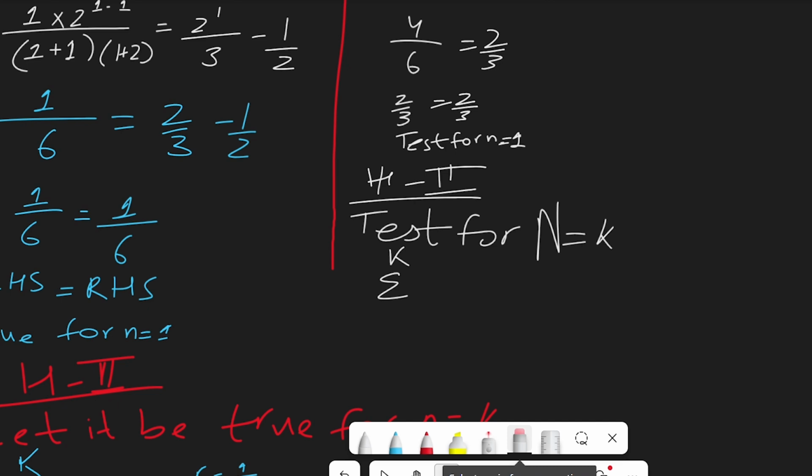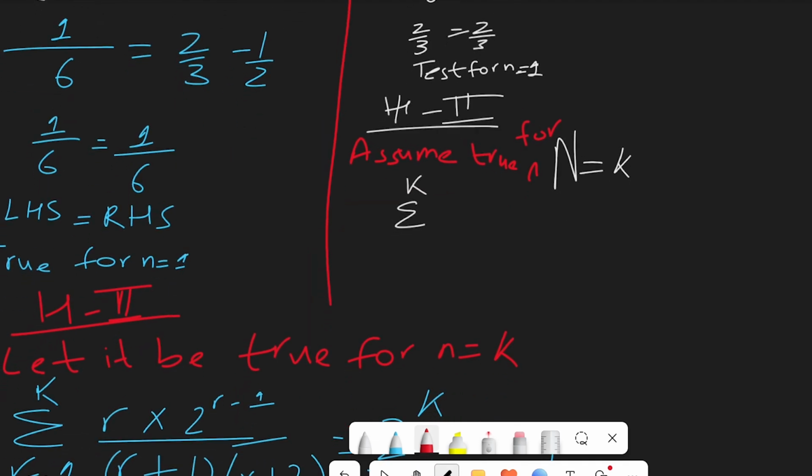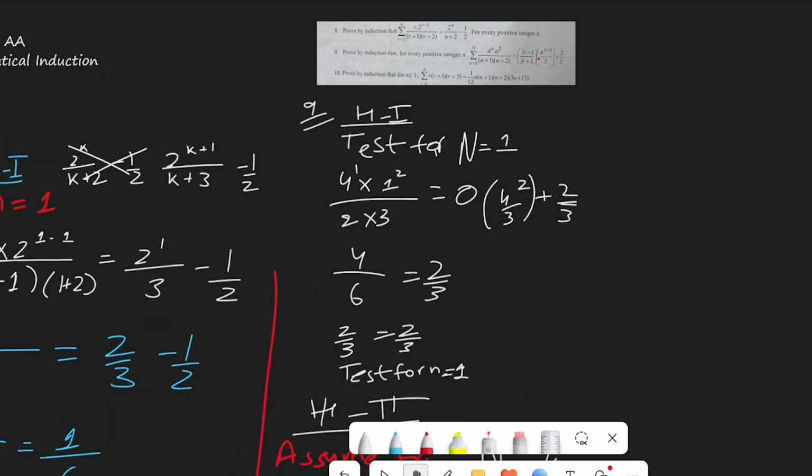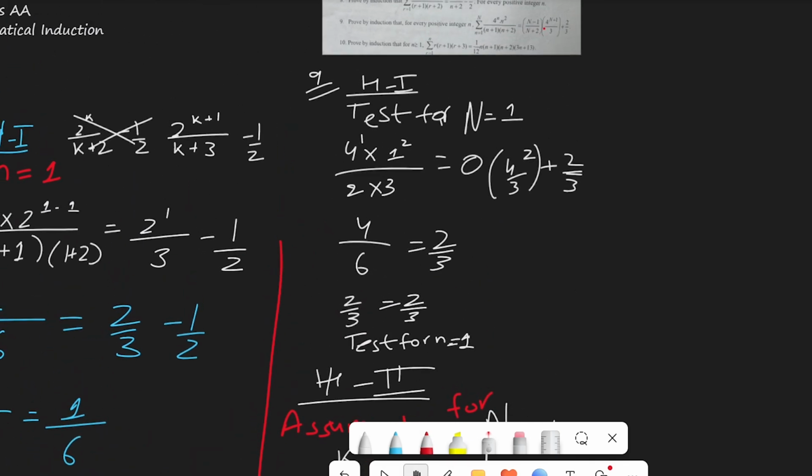Basically it's not test, we'll assume true for n equals k. Okay, so now we have k, and then a small n, and then we have 4 power n squared over n plus 1, n plus 2.